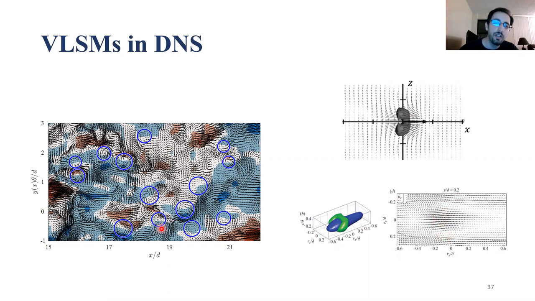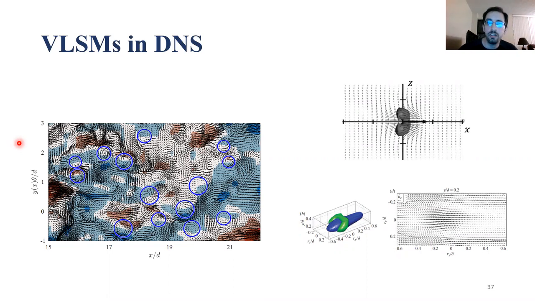So this plot suggests that these circular regions are in fact signatures of the eddy structures, and these eddy structures concatenate and form these very large scale motions in the jet.